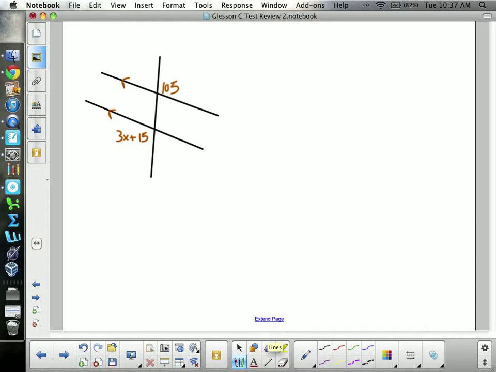What's the name of that angle pair? Alternate exterior angles need to be congruent or supplementary? Congruent. So 3x plus 15 equals 105. And that's a fairly easy one.